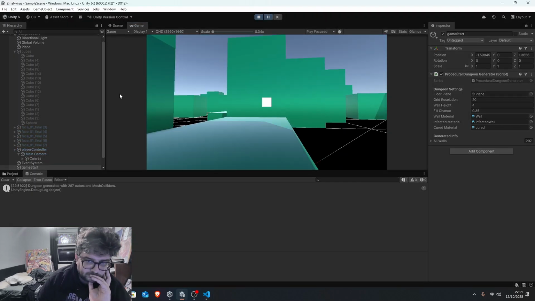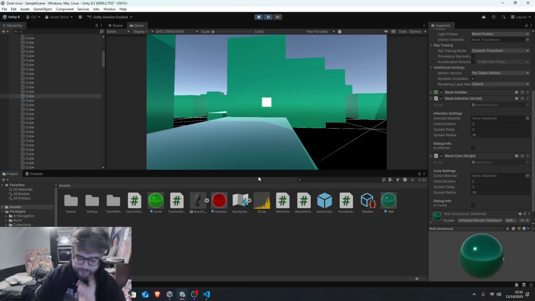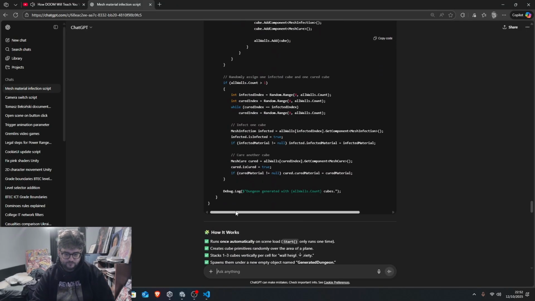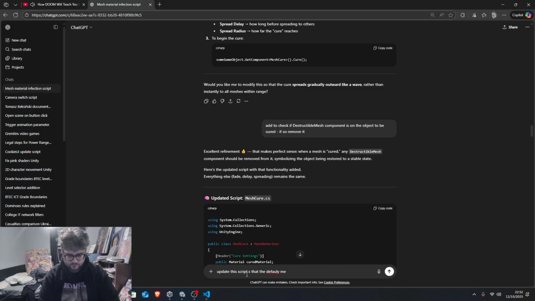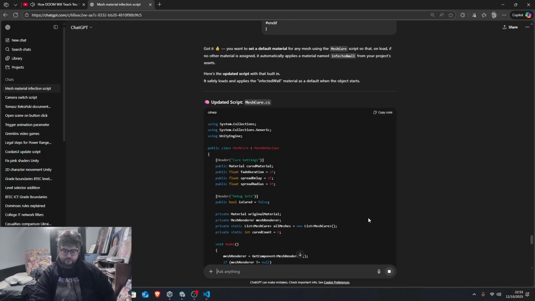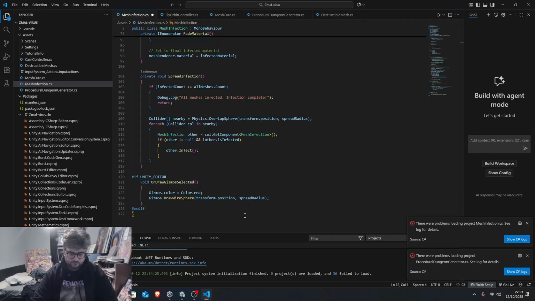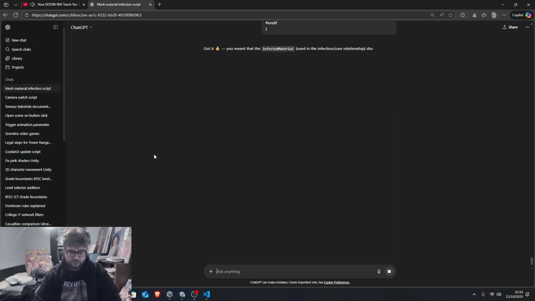One of the major optimizations I made eventually was that at first, the actual spread was occurring based on collisions between objects within a certain range.